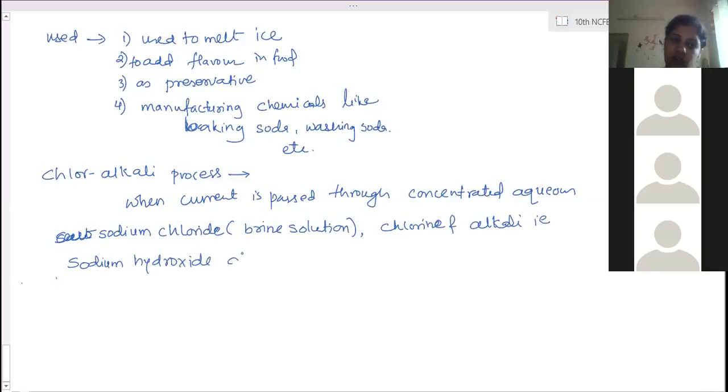Sodium hydroxide along with hydrogen gas is produced. This process is called the chlor-alkali process.